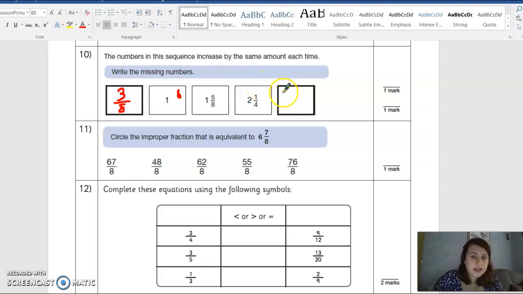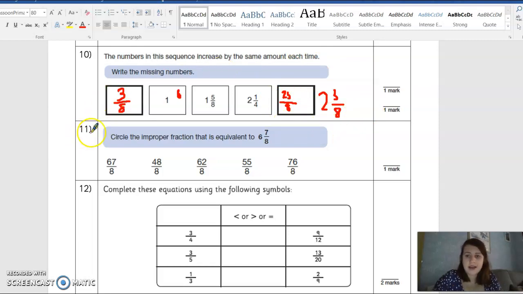That would give us 23/8, because to work it out, you'd have to turn this into an improper fraction. So if you've just added 5/8 onto that, you'd get 23/8. Or you would get 2 and 3/8 if you converted it back into a mixed number. So either one of those is right.